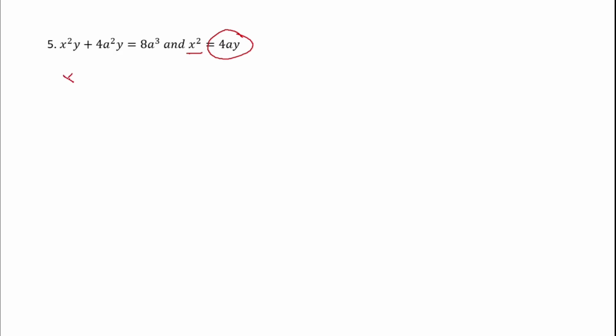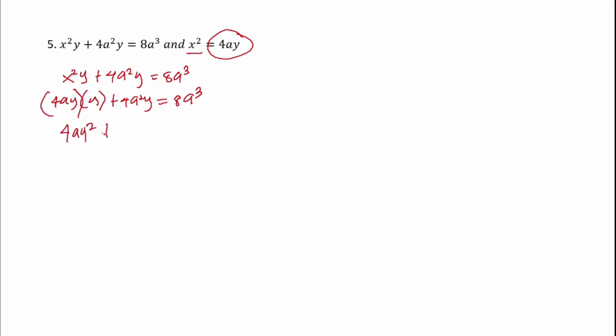So we have here x squared y plus 4a squared y is equal to 8a cubed. In this case, the value for x squared is 4ay times y, plus 4a squared y is equal to 8a cubed. So this becomes 4ay squared plus 4a squared y is equal to 8a cubed.